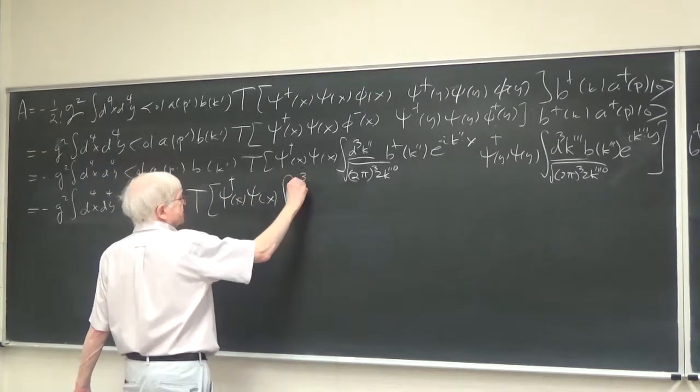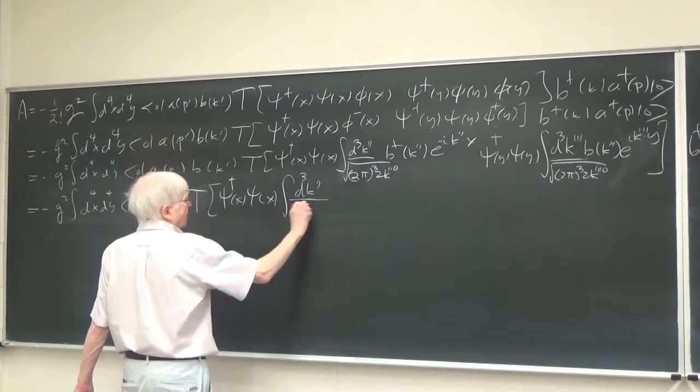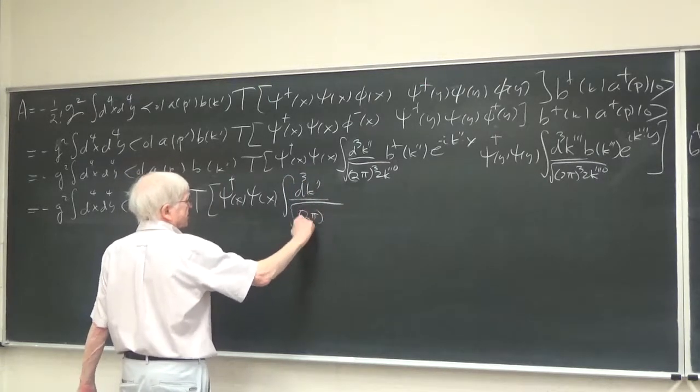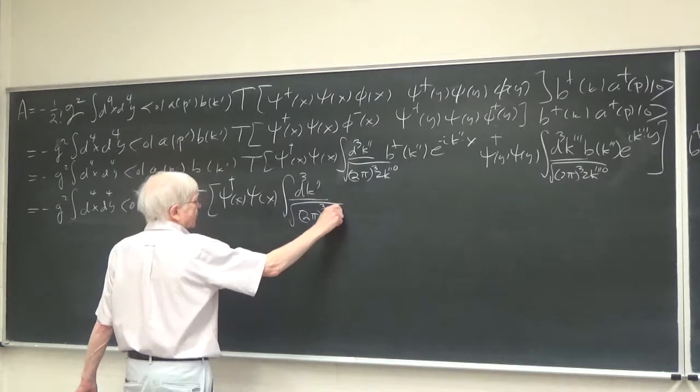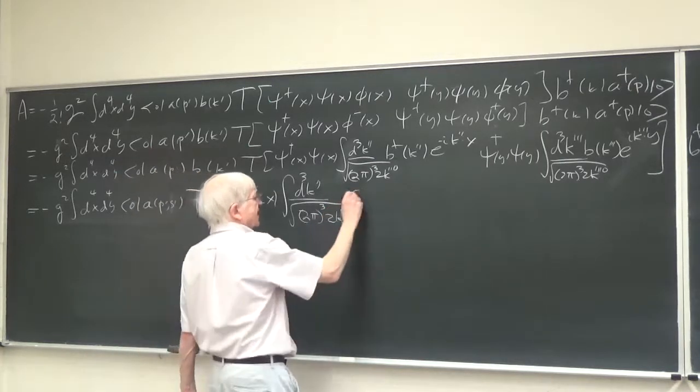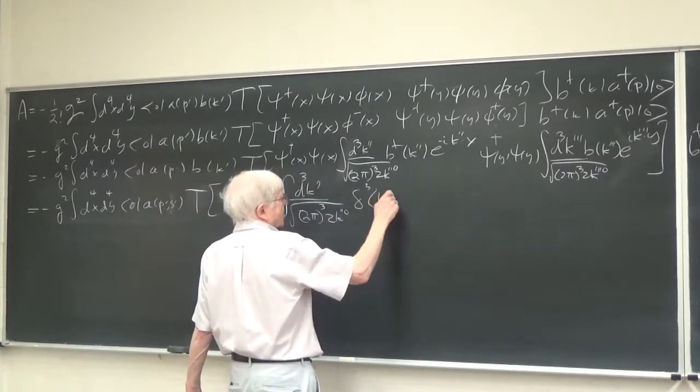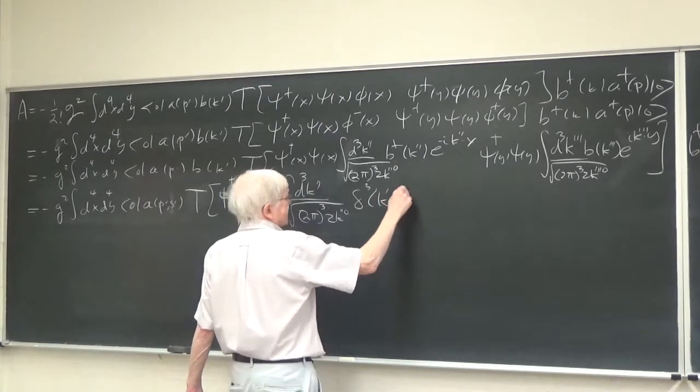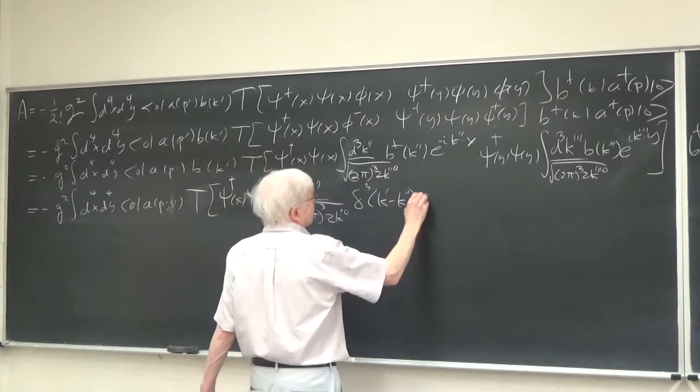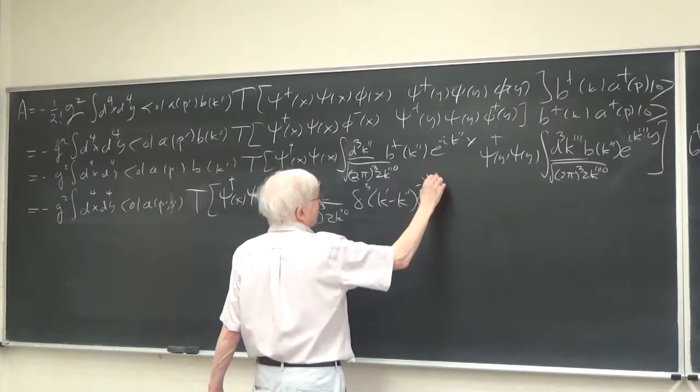this integral d cubed k double prime over square root of 2 pi cubed 2k double prime 0. But now this is delta cubed of k prime minus k double prime, e to the minus i k double prime dot x.